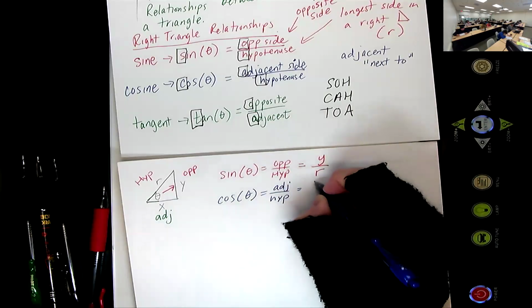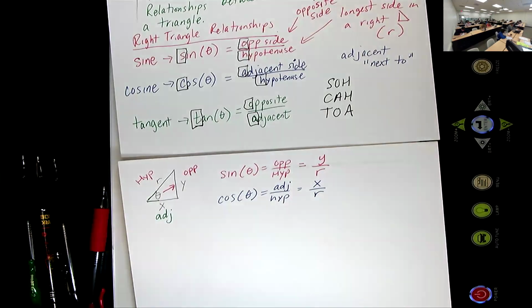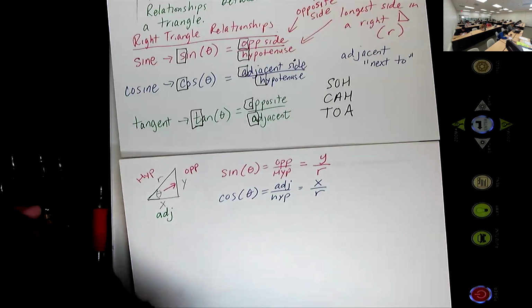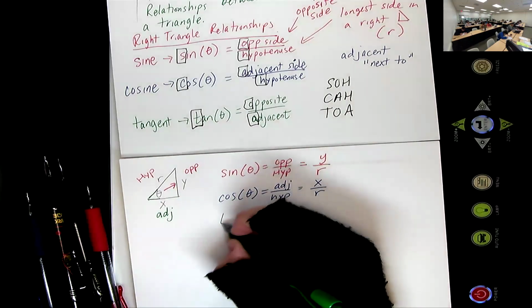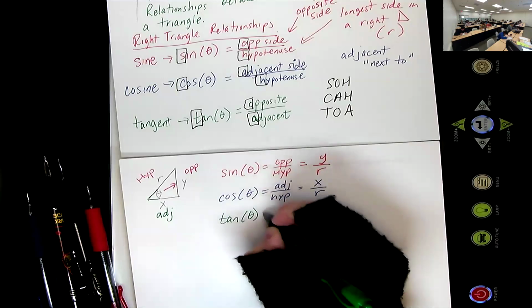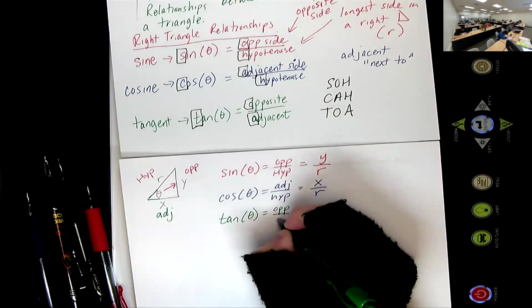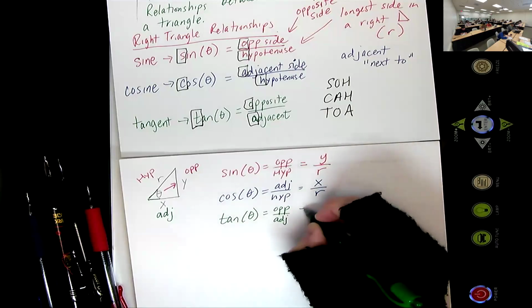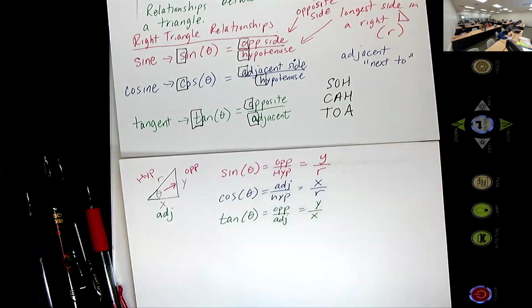The adjacent side is x over r. Finally, we have tangent theta, which is opposite over adjacent. And the opposite side is y, and the adjacent side is x.